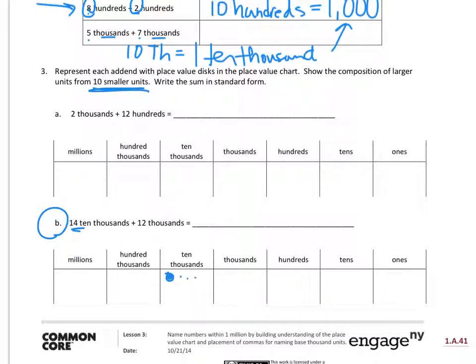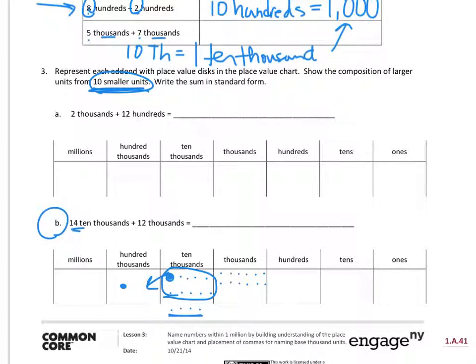1, 2, 3, 4, 5, 6, 7, 8, 9, 10, 11, 12, 13, 14. And then 12,000. So 1, 2, 3, 4, 5, 6, 7, 8, 9, 10, 11, 12. Students should have this understanding that 10 units can be exchanged. So if I think about these 10,000s right here, I know that they can become 100,000, leaving me with the 4 10,000s.